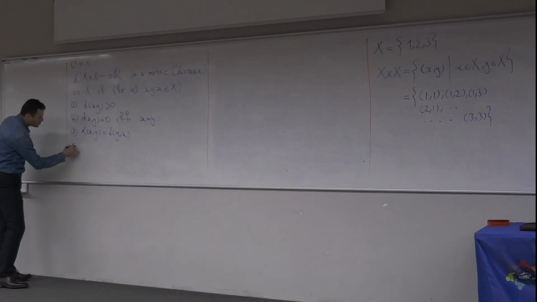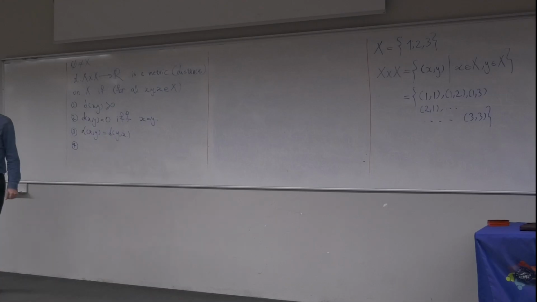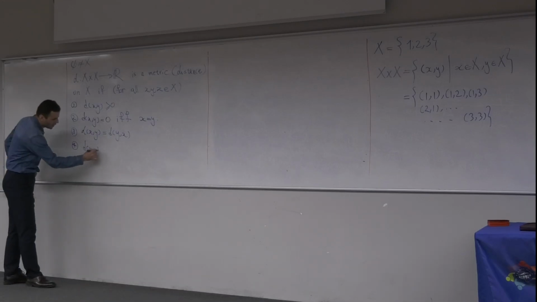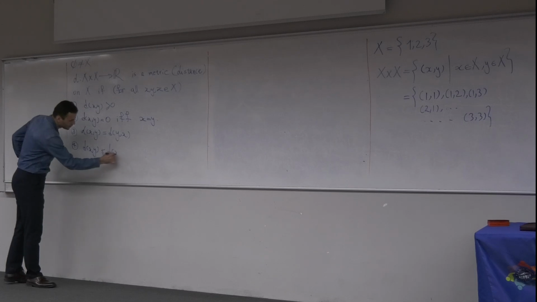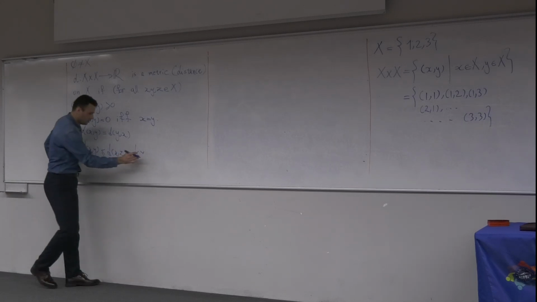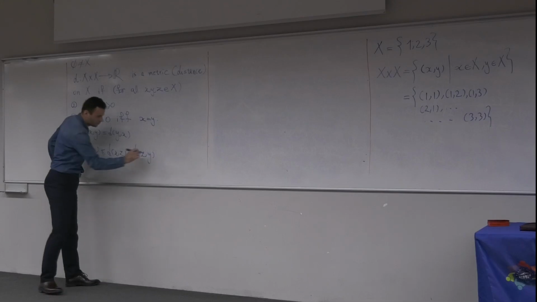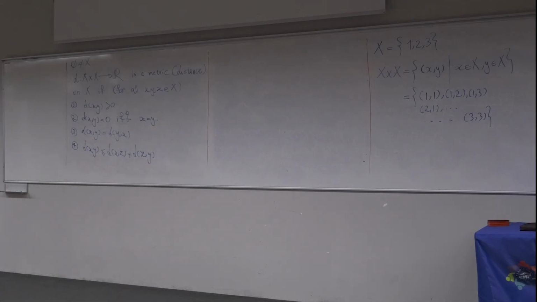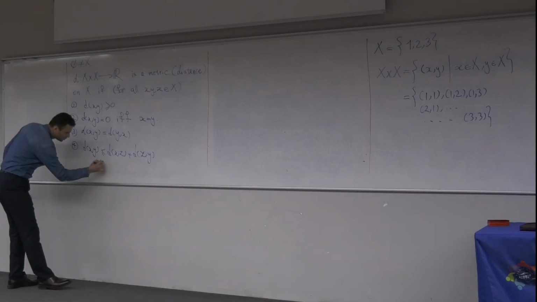The last one, which is called the triangle inequality, is something like this. d(x, y) is going to be less than or equal to d(x, z) plus d(z, y). What does this mean? How can you interpret this triangle inequality?